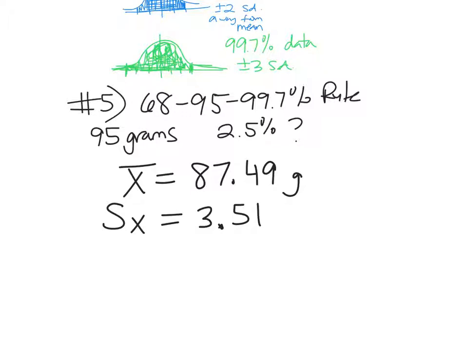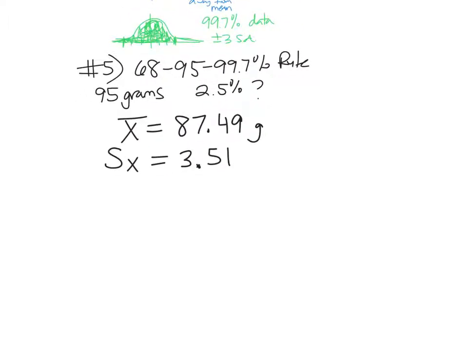Okay? All right. So what you want to do is this. What I like to do is look at a graph. I go like this. And the average is 87.49. People think that if you draw that, it's 0 right there, but it's the average that goes through the middle. What would 1 standard deviation away be?